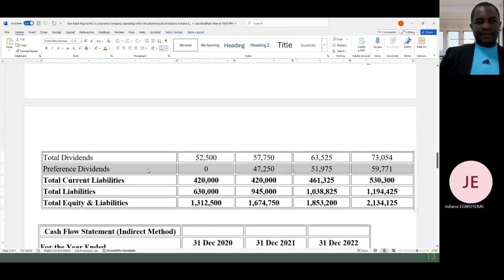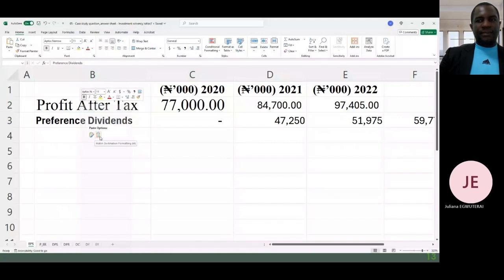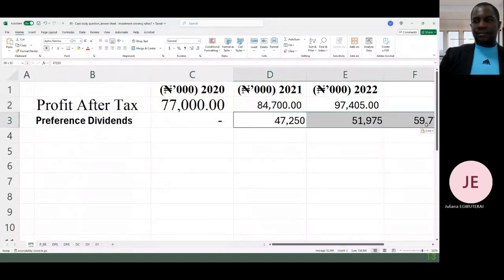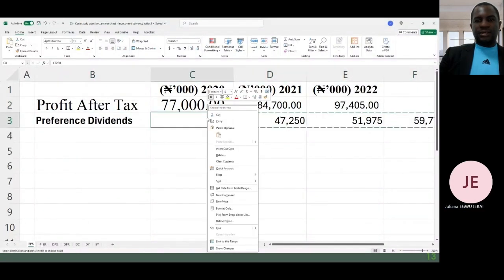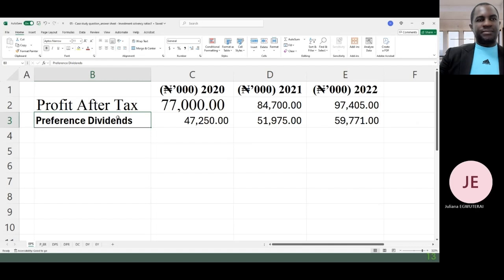Exactly. So let me pick my preference dividend also. At times it shows up under notes to the account, stating that it has been declared. And if it shows up under current liabilities, it's yet to be paid. It's a current liability that has not been settled.